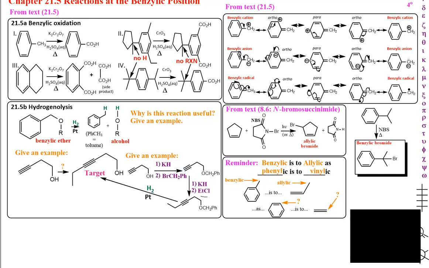Backside attack on an ethyl with a leaving group in an SN2 reaction accomplishes our synthetic goal of adding an ethyl group to the terminal alkyne. H2 and Pt, if done under the right conditions, we can avoid reducing the alkyne while doing hydrogenolysis of the benzylic ether.